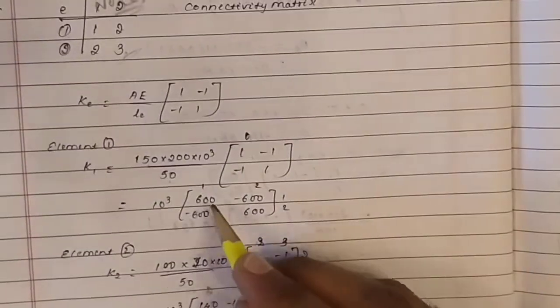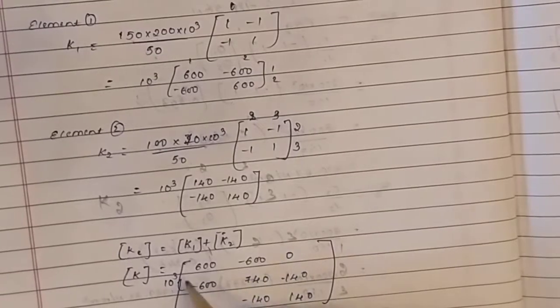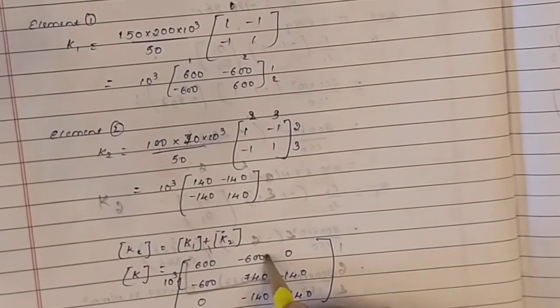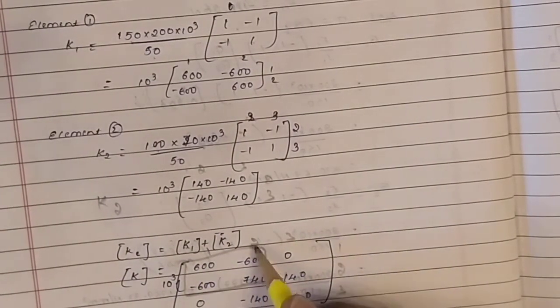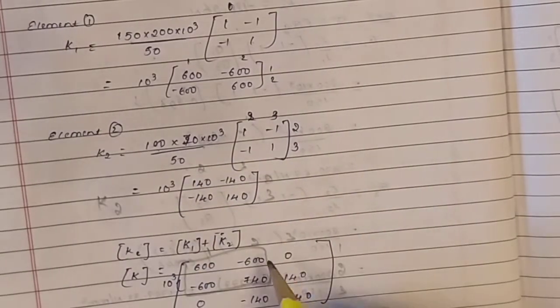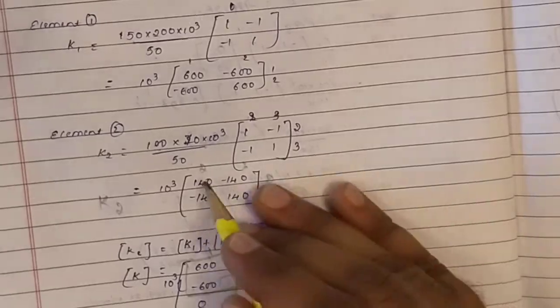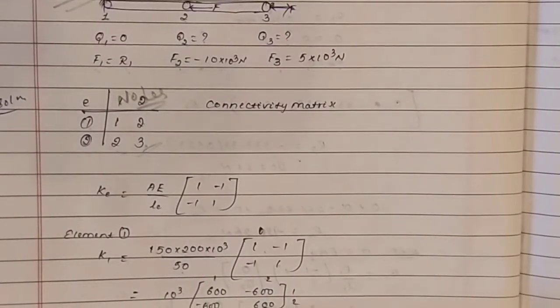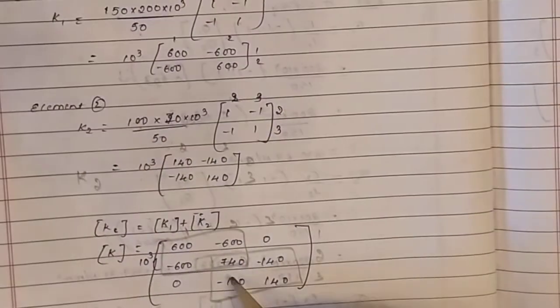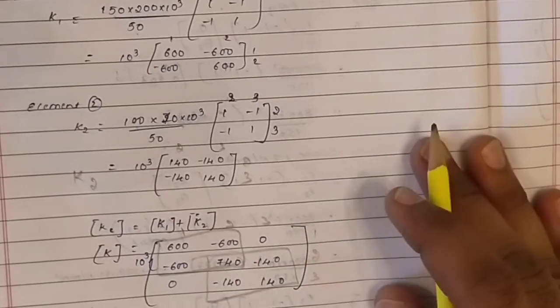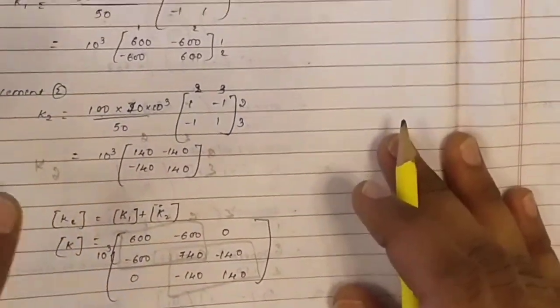The 1-1 entry is the first one, that is K1. Next is K2, which starts from 2-2, so right from this one it will be added. 140 plus 600 is 740. Okay, this is clear.